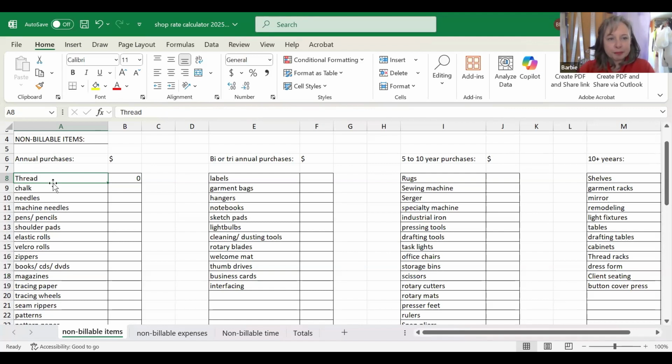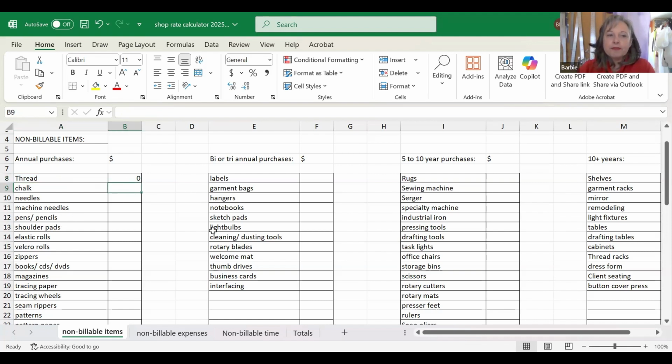Okay. And I have written all of these things that, if you so desire, you can list each of these things separately. So for instance, oh, I bought thread today and this is how much thread I bought, and this is how much chalk I bought.